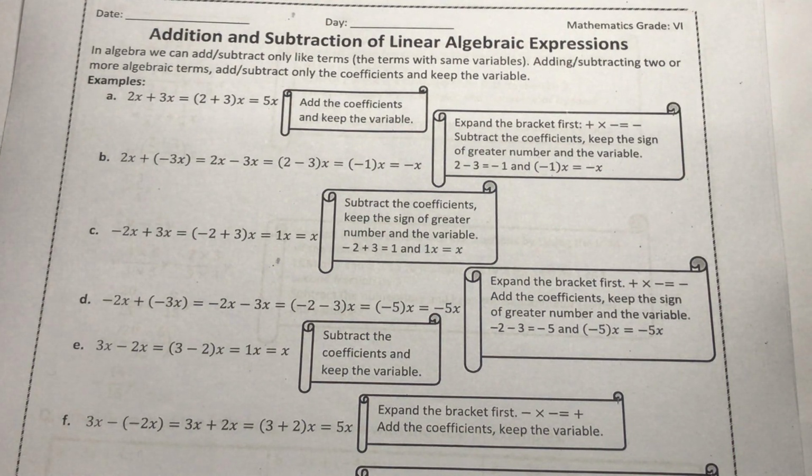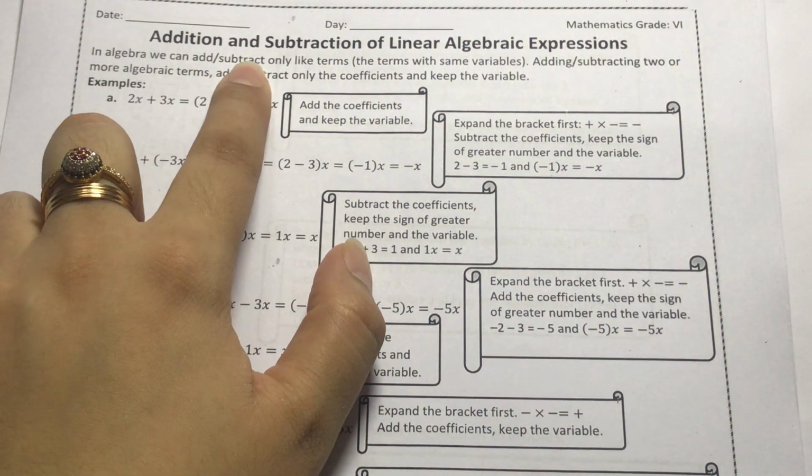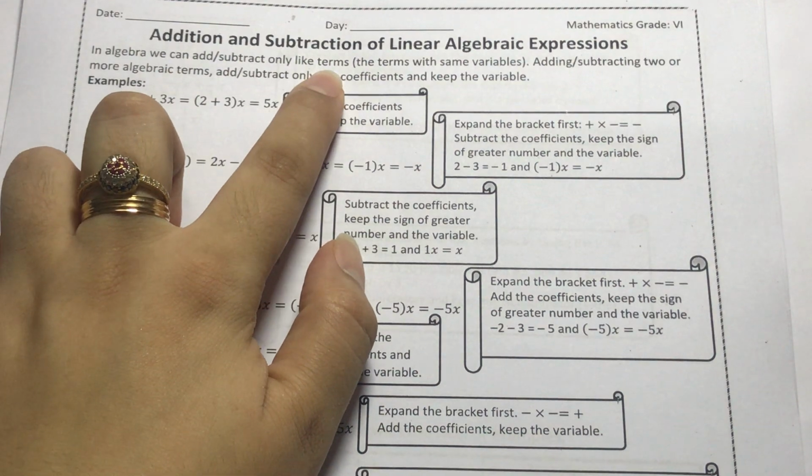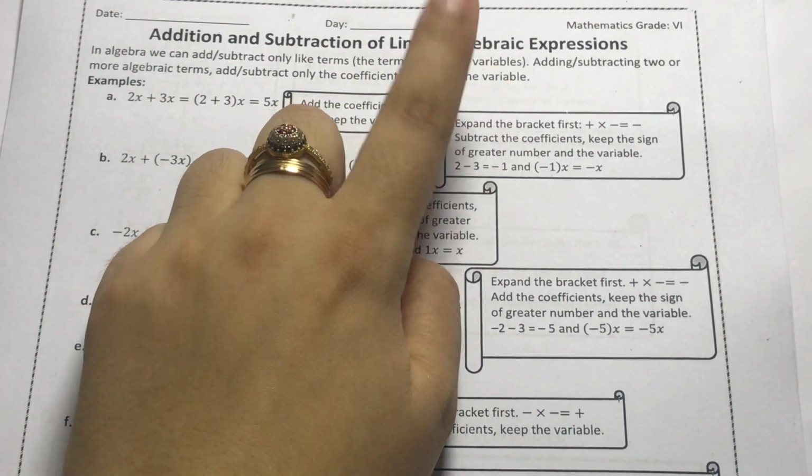Students, when we discuss the addition and subtraction of linear algebraic expressions like fractions, we can only add the like terms or we can subtract the like terms. In algebra, we can add or subtract only like terms, the terms with same variables, right?